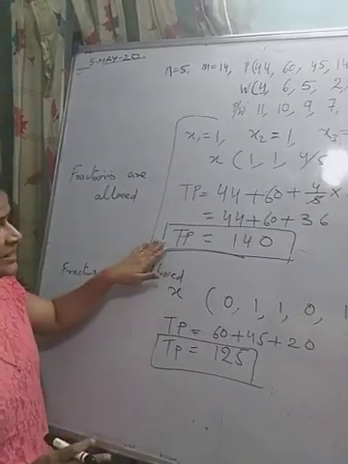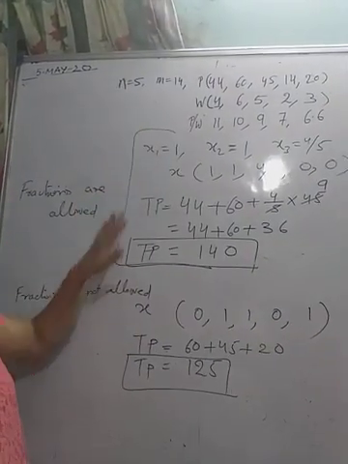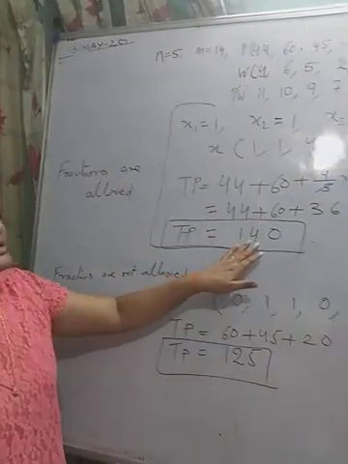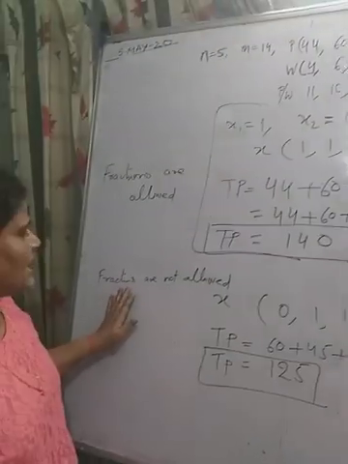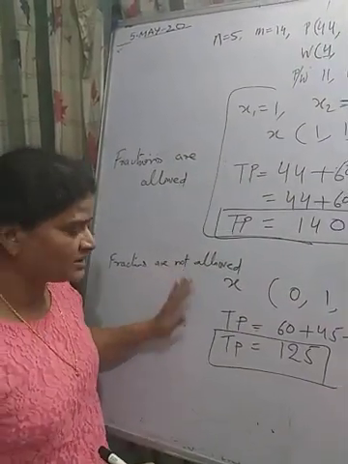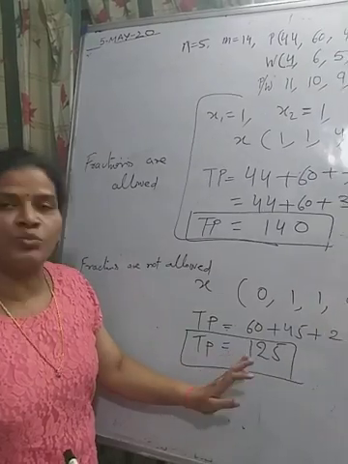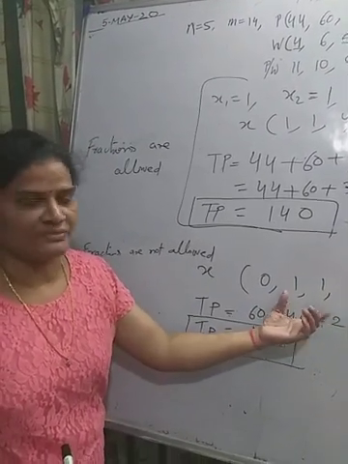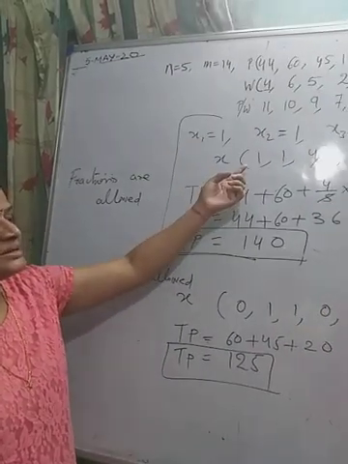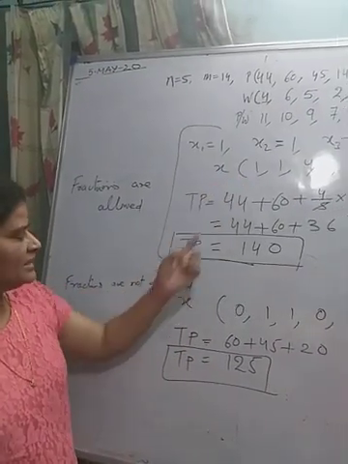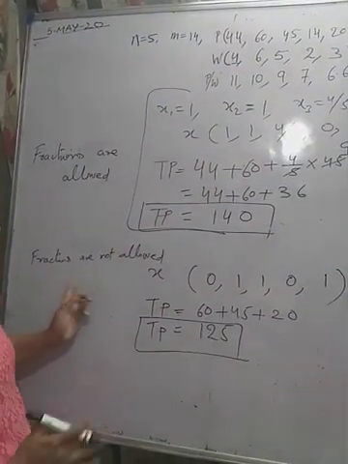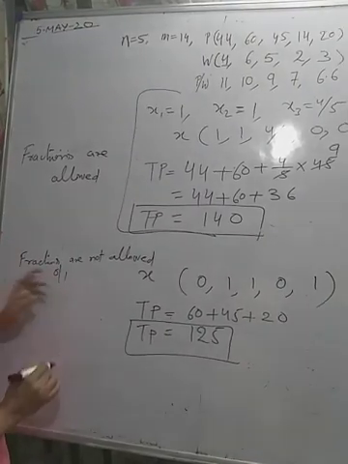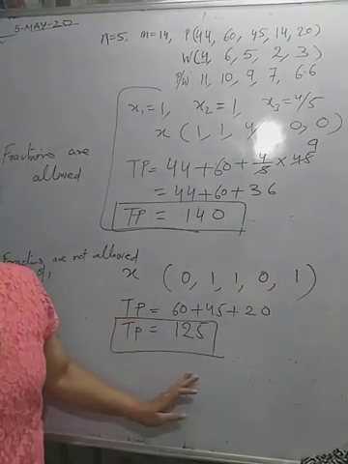For the same example, when the fractions are allowed, the total profit is 140, and when the fractions are not allowed, the total profit is 125 for the optimal solution. So when the fractions are allowed, the optimal solution is this one, and when the fractions are not allowed, that is the 0-1 knapsack problem, the optimal solution is this.